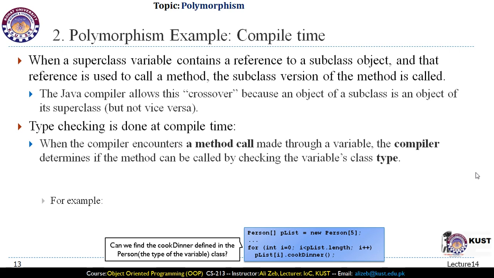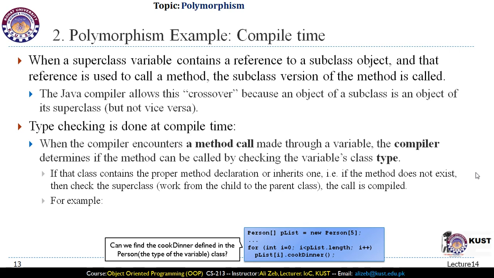But that object can only call a method that is there in the superclass. If a method does not exist in the superclass, we cannot use the superclass reference to call that method in the subclass. And we'll see this in the examples as well.